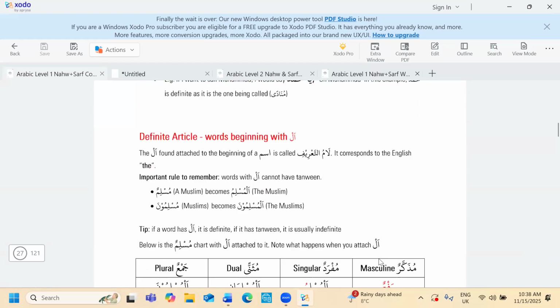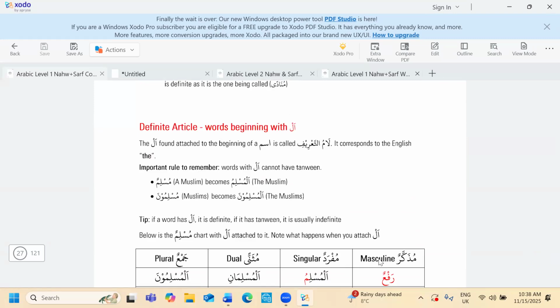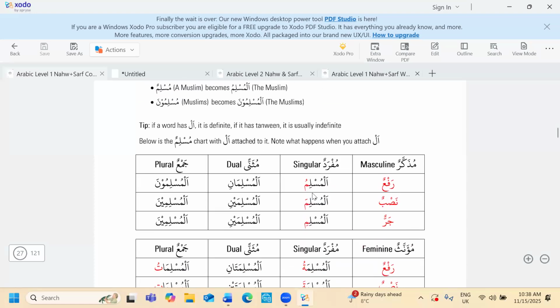And then the other one was when we add an al. What happens when we add the al? Here, we know that it's only the tanween that is affected, not the noon of the dual and not the noon of the plural. So if you look at the chart here, Muslimun became al-Muslimu, but Muslimani remained, the noon remained. So it's al-Muslimani. And the al, what's the meaning of al?